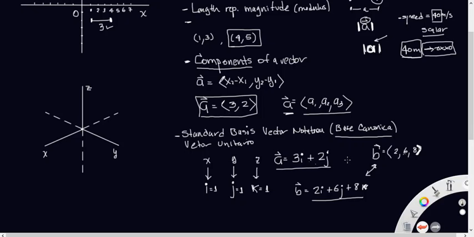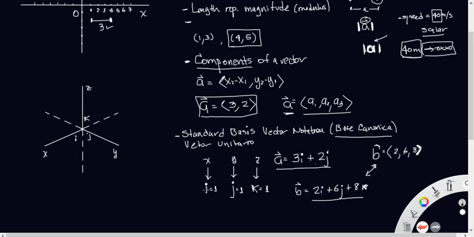So in this case, let's say that this will be the I direction, this will be the J direction, and this will be the K direction.